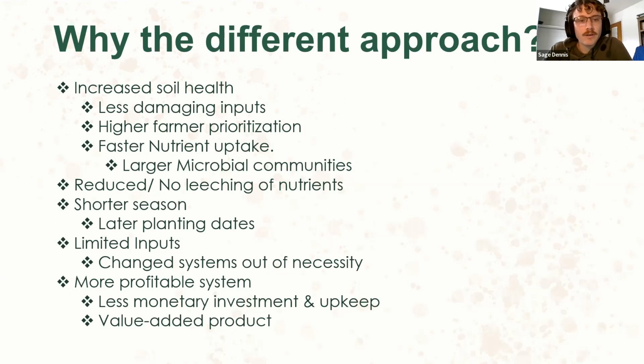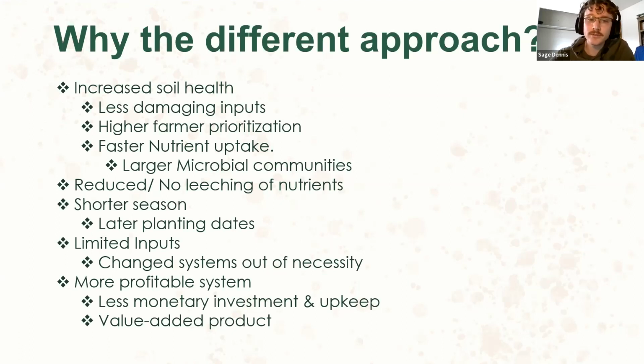We have a faster nutrient uptake for the inputs that we utilize, because what we are hoping for is that the soil becomes efficient to the point where it's able to expedite the input breakdown, nutrient synthesization and utilization within our fields.